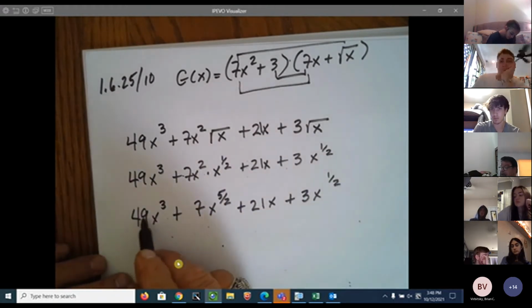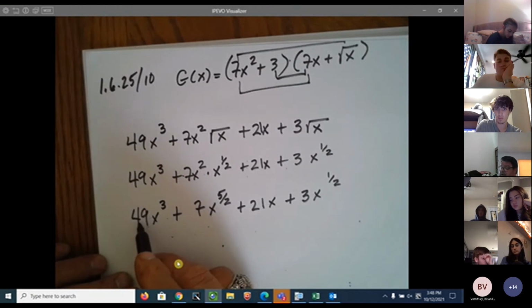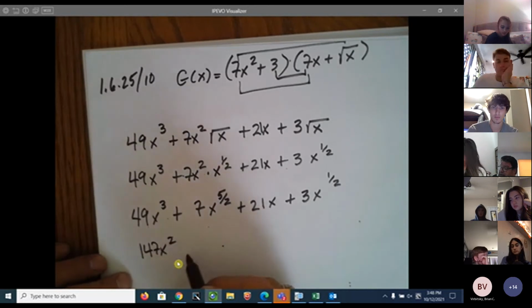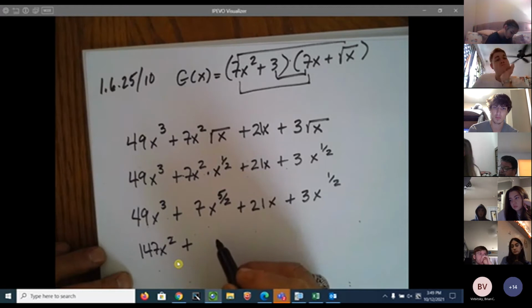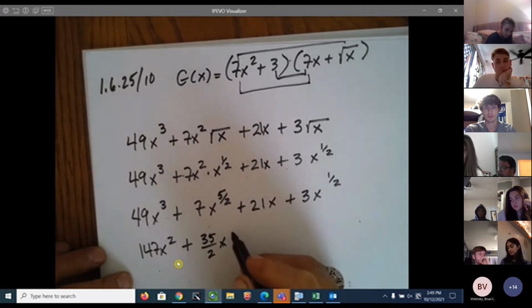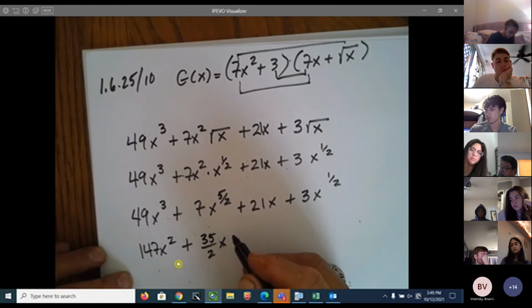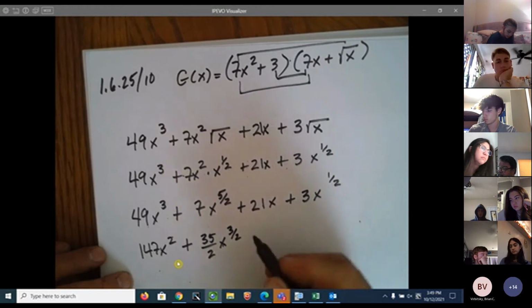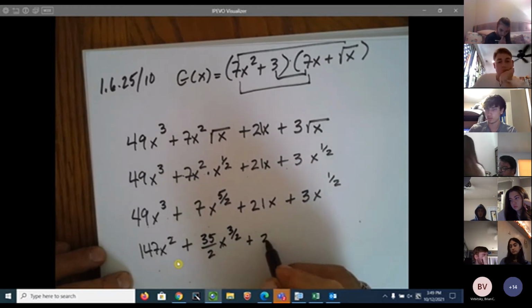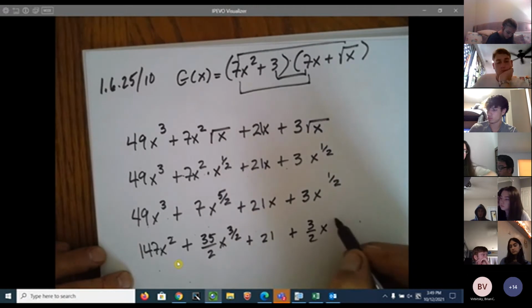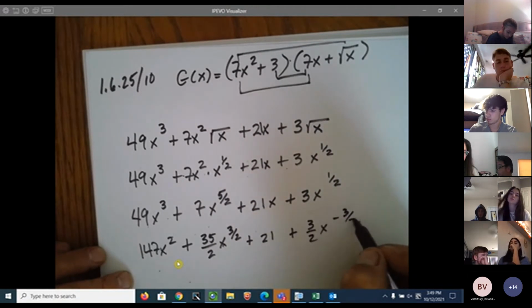3 times 49 would be 147. I think that's 147x squared plus, let's see, 35 halves x to the 3/2 plus 21 plus 3/2 x to the negative 1/2.